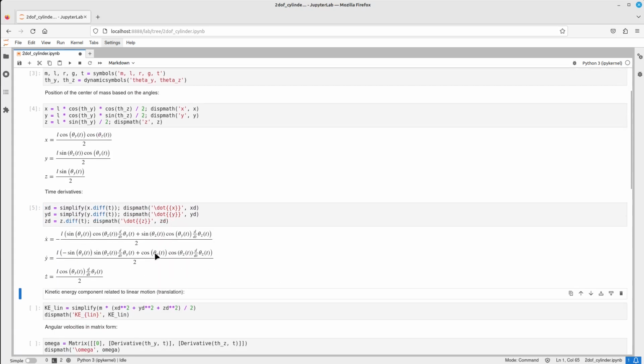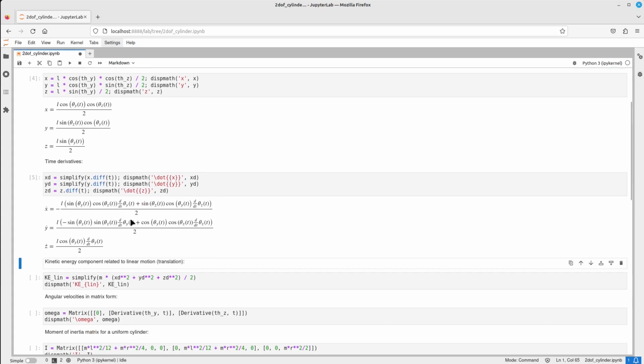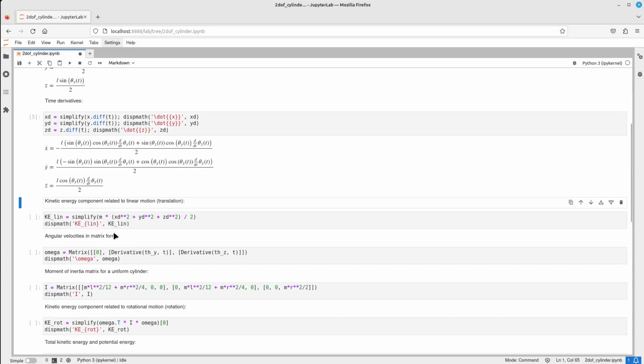So it looks something like this. So now we have the linear components of the velocity here, the velocity of the center of mass.